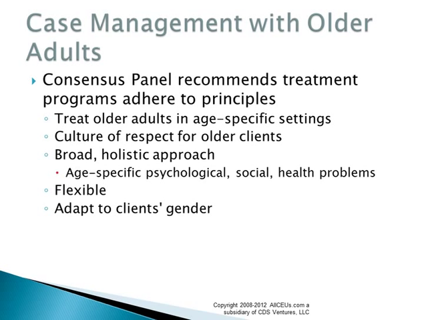You need to create a culture of respect for older clients and take a broad, holistic approach to treatment that emphasizes age-specific psychological, social, and health problems, including dementia, Alzheimer's, brittle bones, risk of falls, disorientation, heart problems, things that typically come up.